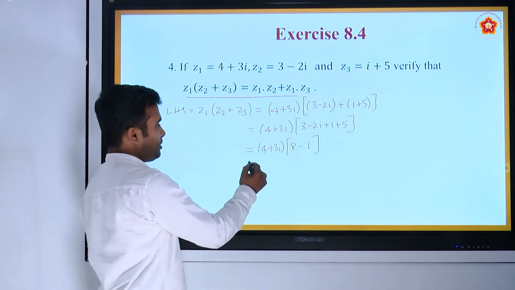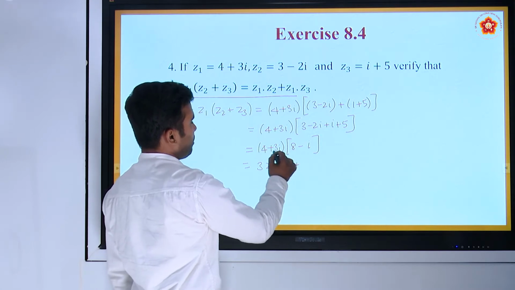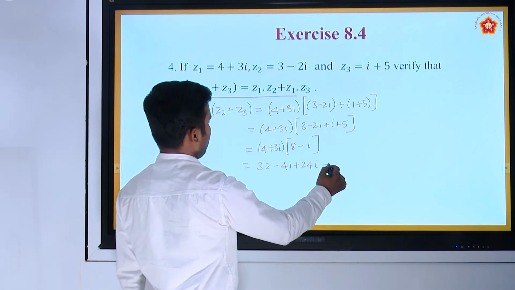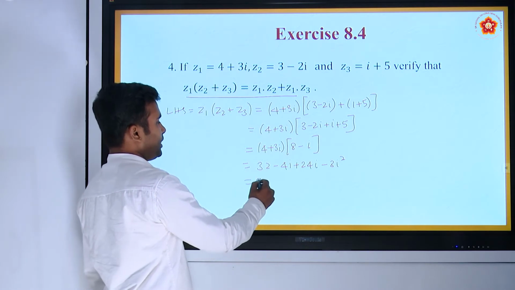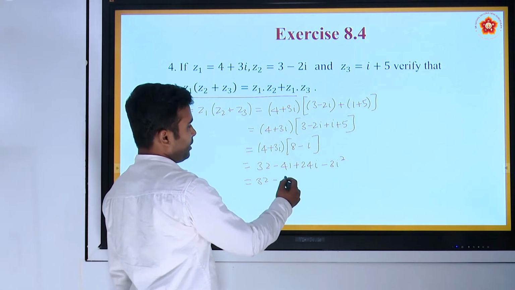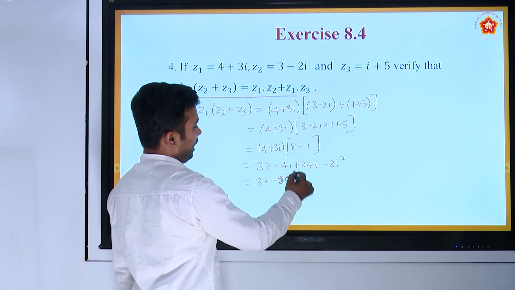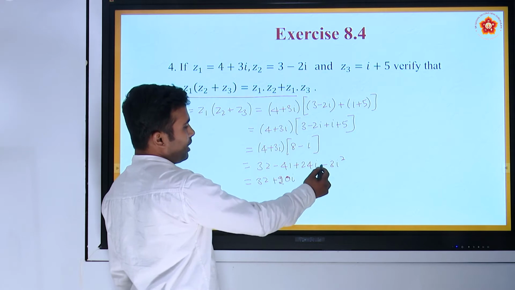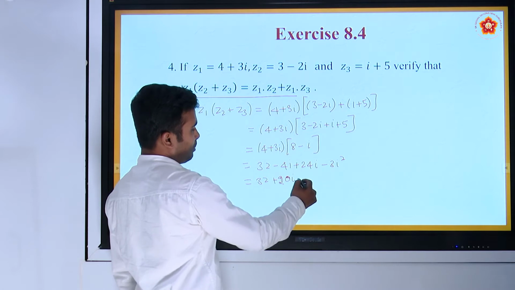Now you multiply this: 4 times 8 is 32, minus 4i, plus 24i, and this is minus 3i square. So this is equal to 32, minus 4i plus 24i is 20i, and here minus 3i square. If you take i square as minus 1, it will be plus 3.